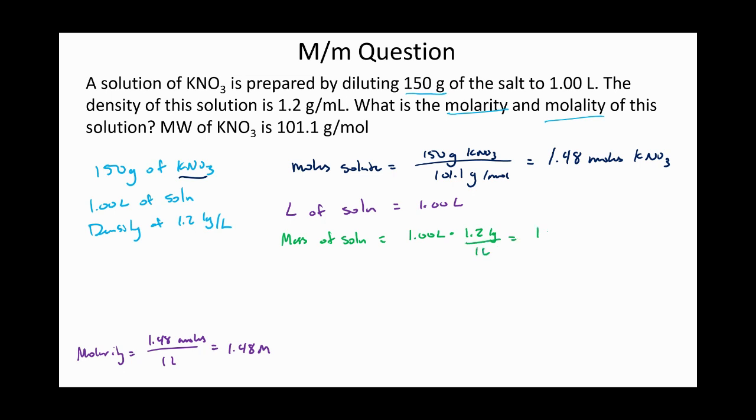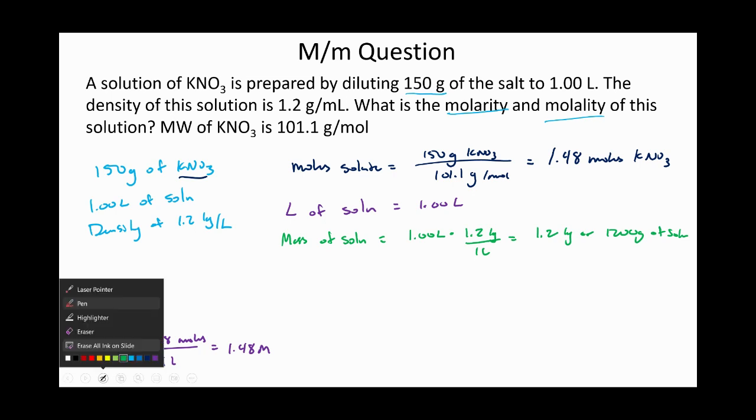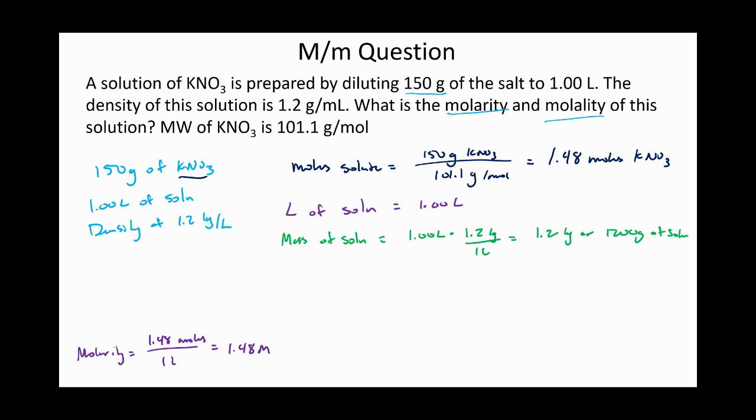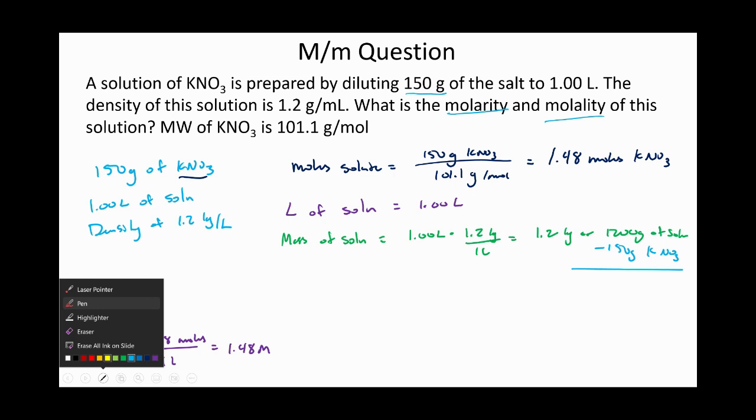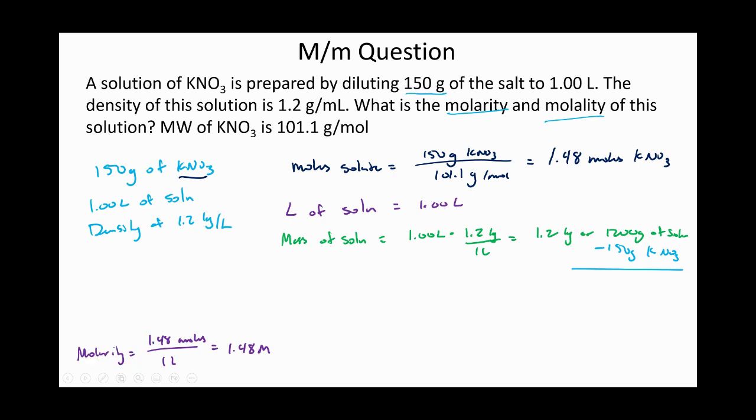That gives us 1.2 kilograms or 1,200 grams of solution. We can then subtract our mass of potassium nitrate from before, so minus 150 grams KNO3. We can then do that calculation. That gives us that the mass of just our solvent must be 1,050 grams of solvent.